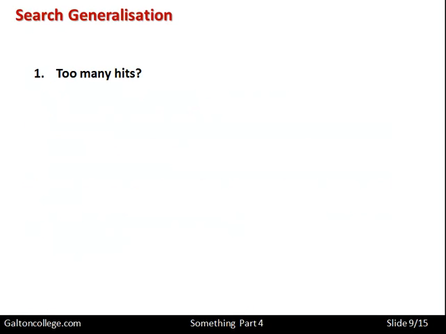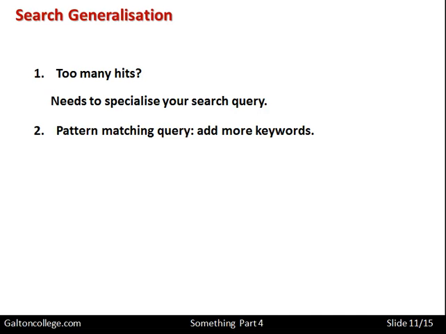Now what happens if we have too many hits? Well, we need to specialize our search. It's going the opposite direction. If we've got too many hits, if we've got pages and pages of hits, we type in a query and we get pages and pages of results, we've got too many. What we want is something a bit more specific. So we might add more keywords.